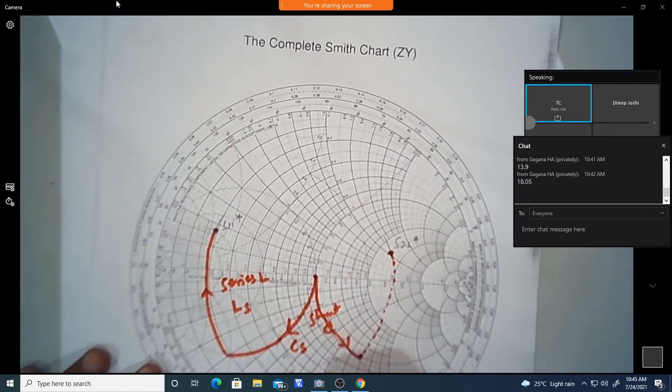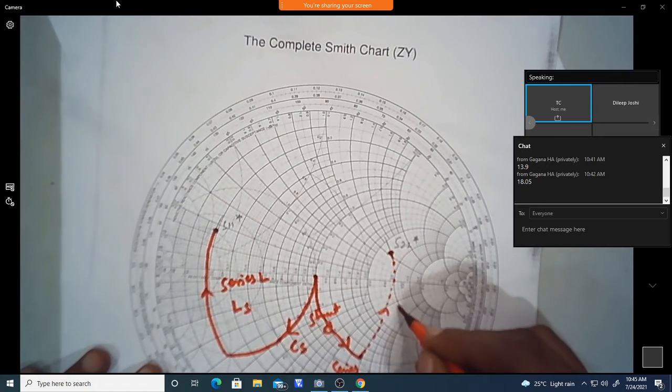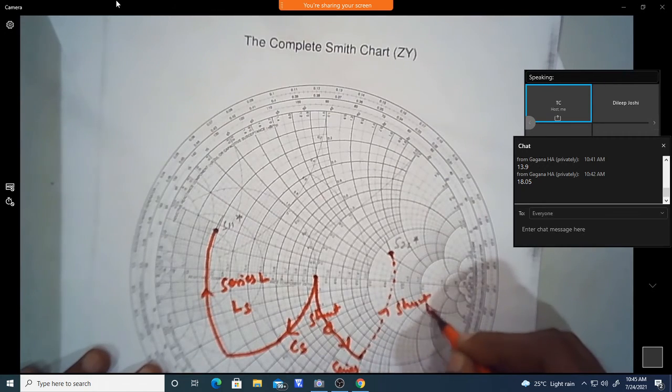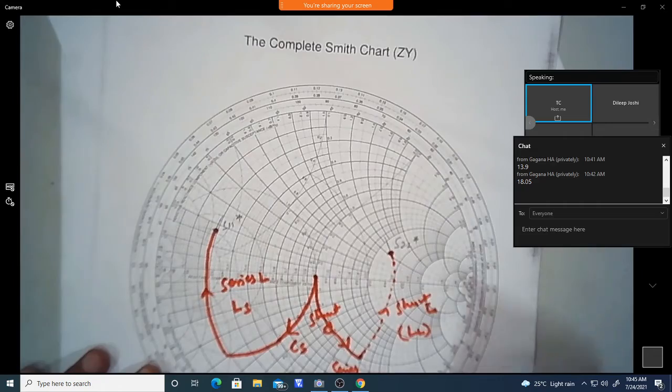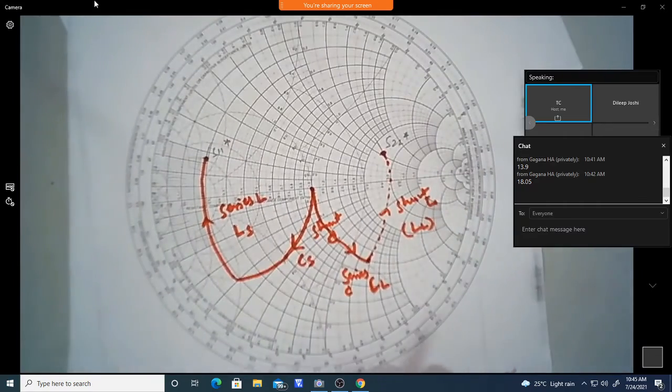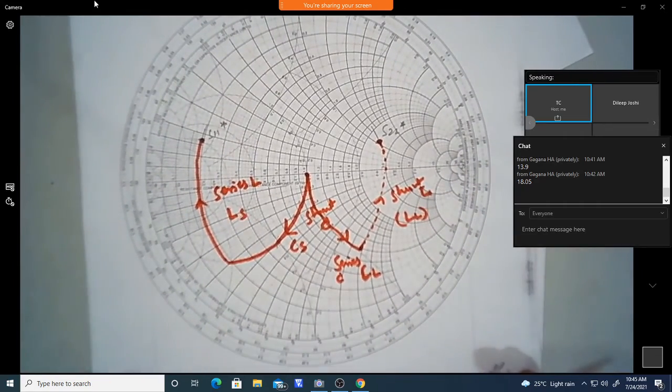Now this is again series C, which we can mark as CL, and this one shunt L. For the load side we can mark it as LL. So now find out the values of CS, LS, CL and LL.